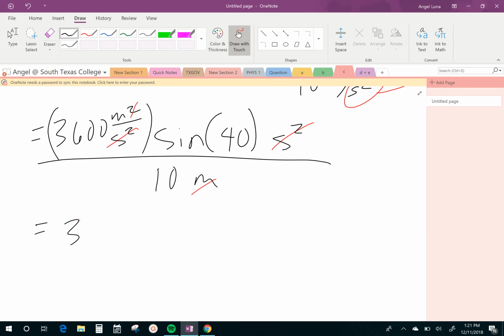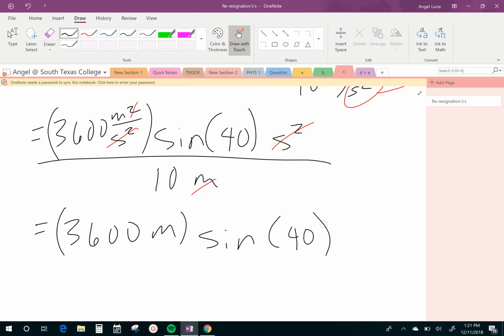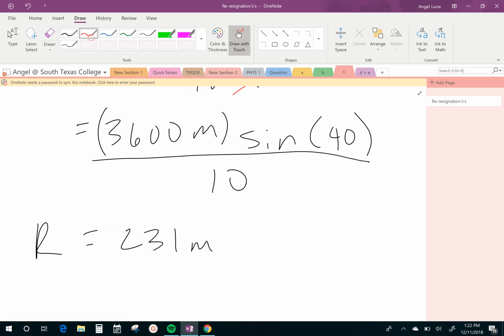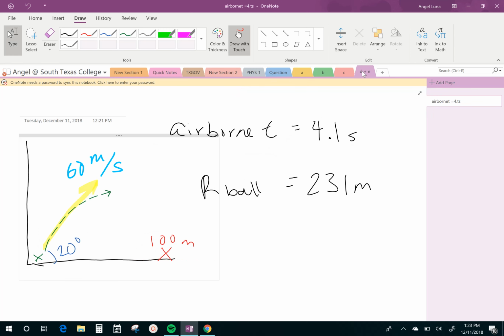And all we're going to have left is a unit of meter, which is what we want because we're looking for a distance. So now we solve and get 231 meters. So our answer for C is the ball will travel 231 meters horizontally from where it was kicked to where it will land.